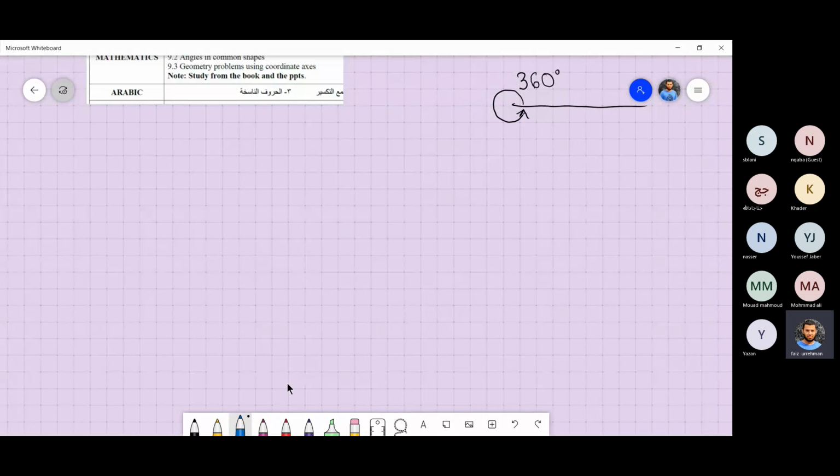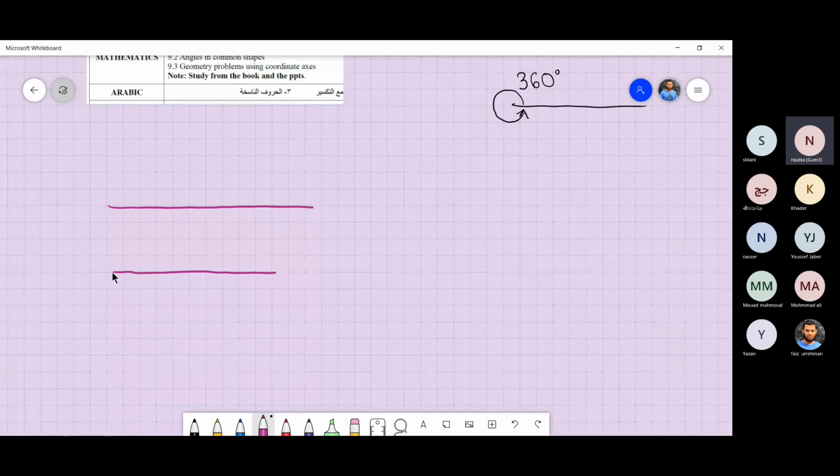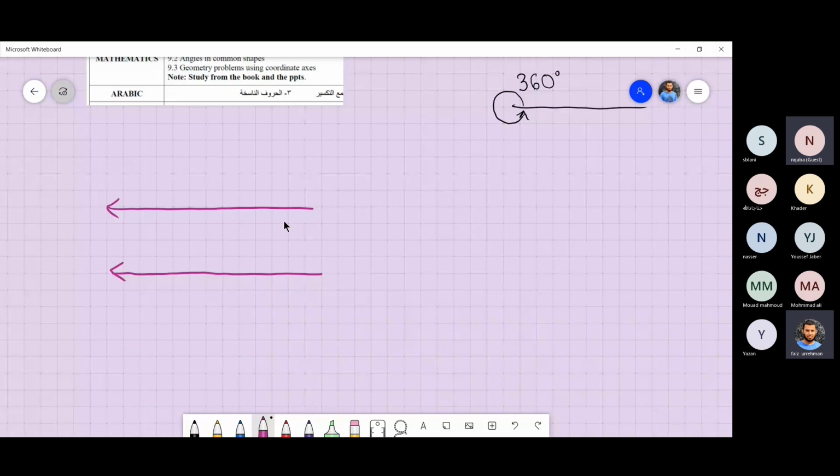For example, there are two parallel lines. What is the meaning of parallel lines?